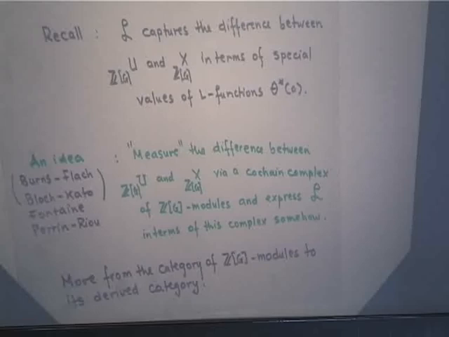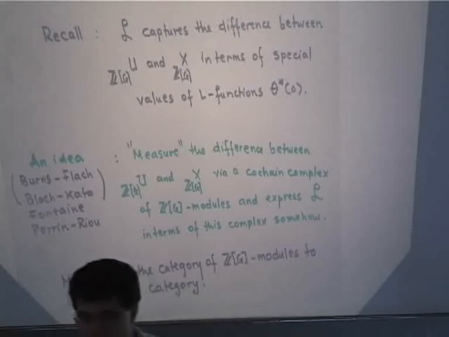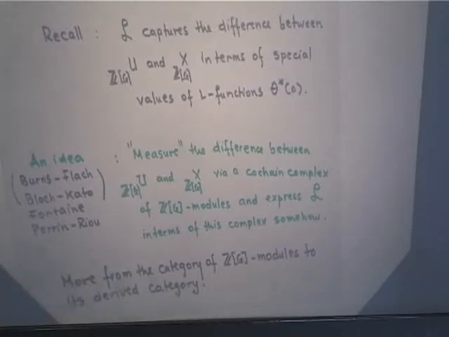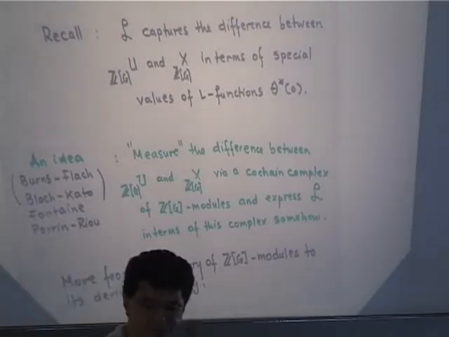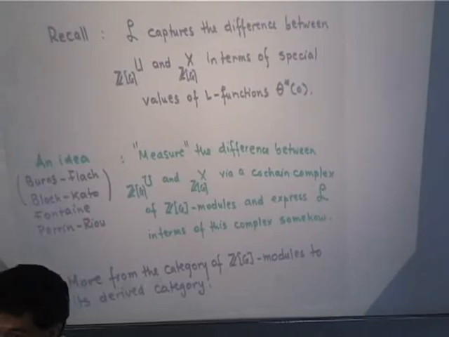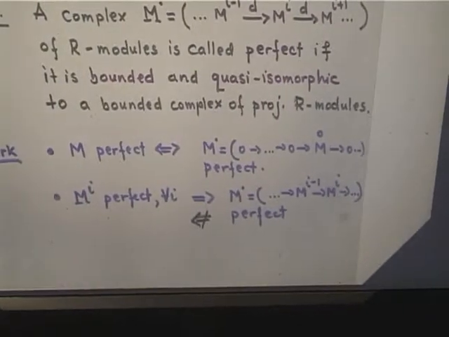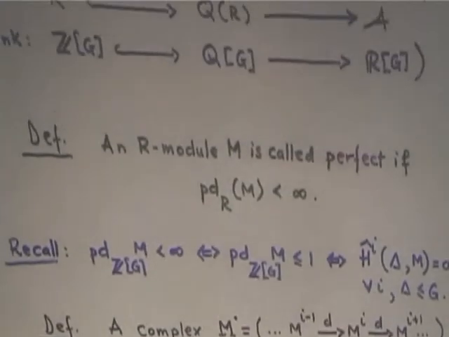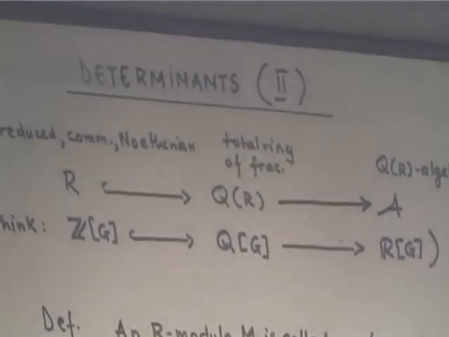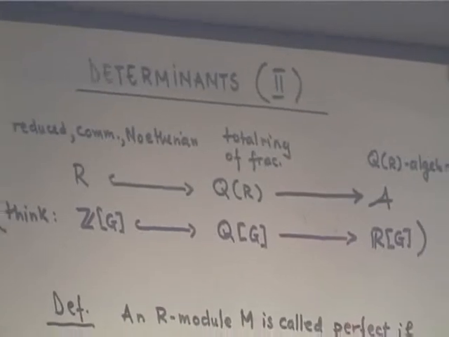Well, for that, I'll have to do some more determinant theory. So this is the second half of my chat about determinants. So again, please recall that I have a ring which is reduced, commutative, and Noetherian. This is the ring R, and I'll denote by Q(R) the total ring of fractions.